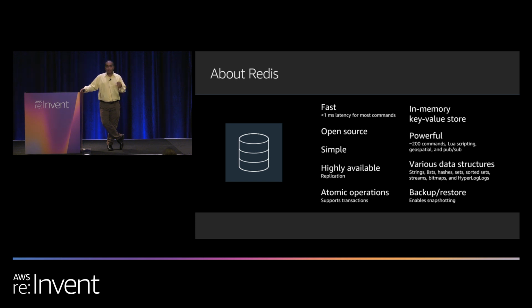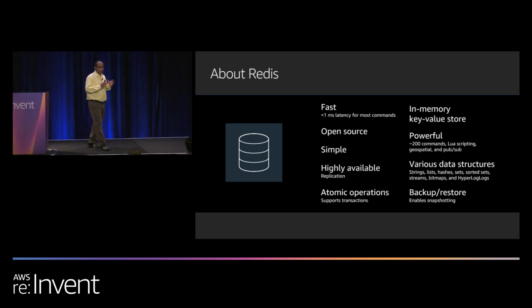Redis provides a very rich set of data structures for your consumption. The other important factor is that Redis provides a set of commands that you can use to make your implementation easy. For example, in my previous stint, I was in geospatial, and one of the things we used to do was finding a nearby restaurant.